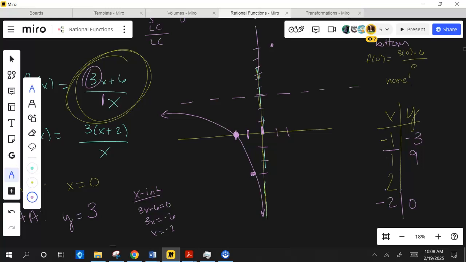You don't do anything. You gotta put it in. You just tell it what you want. Be very careful when you put these in, guys. Make sure your top is in parentheses.